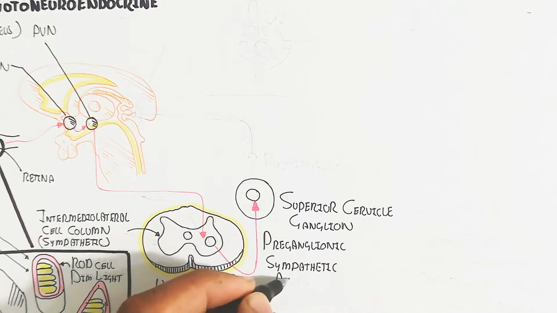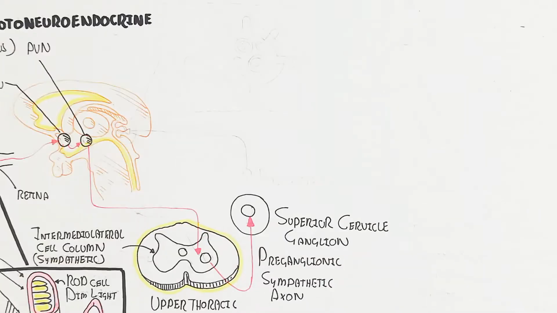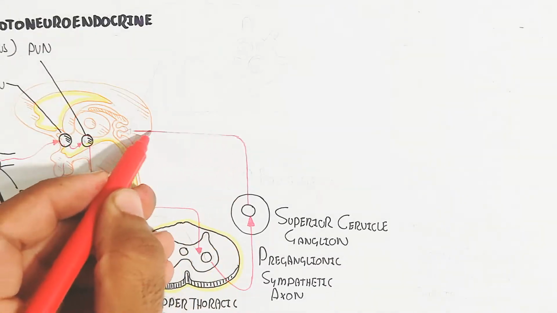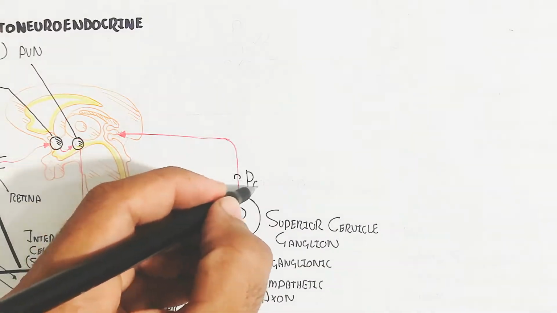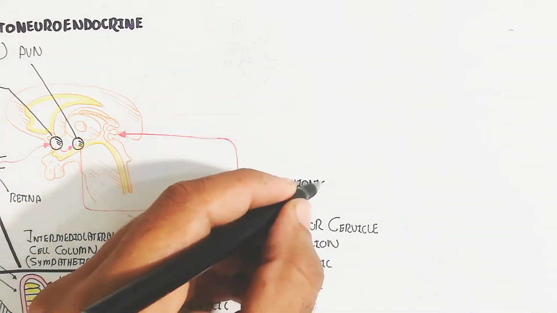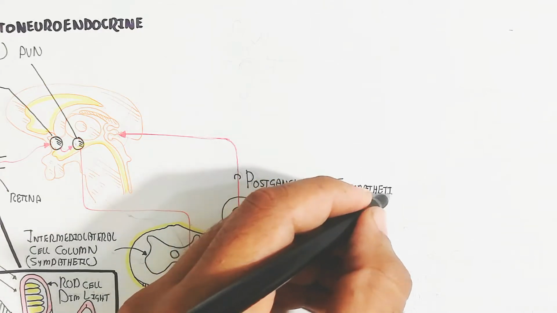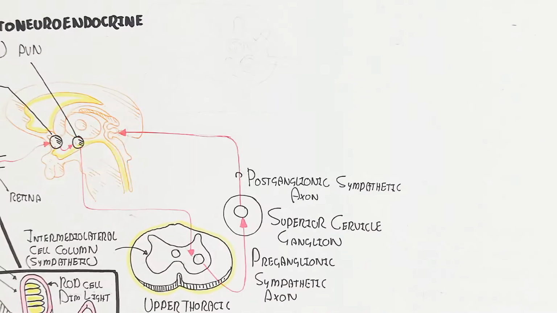The superior cervical ganglion will transmit the signal through postganglionic sympathetic axons toward the pineal gland, and in this way it triggers the pineal gland to release melatonin.